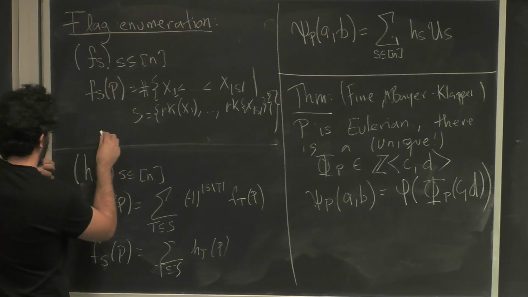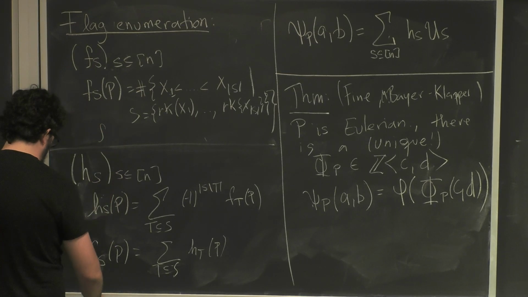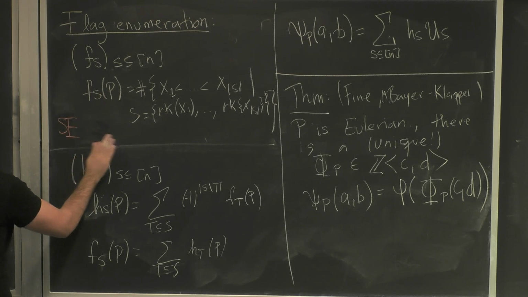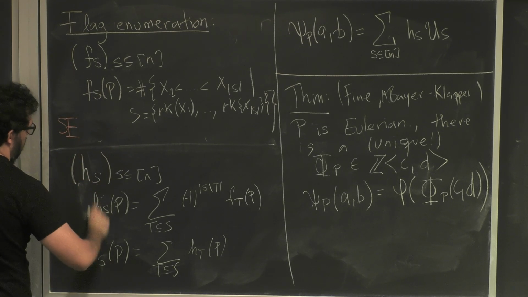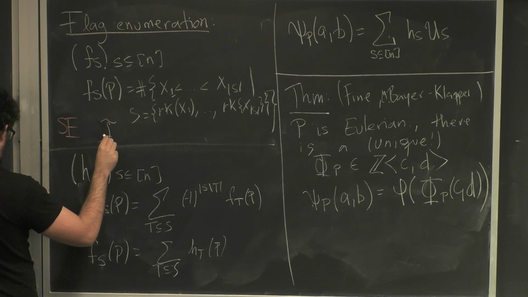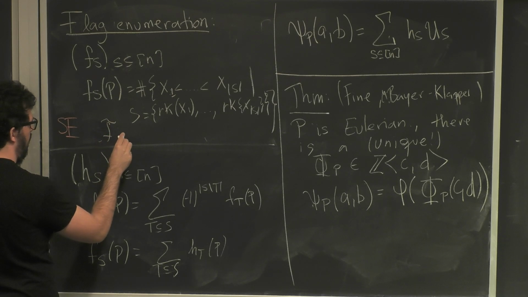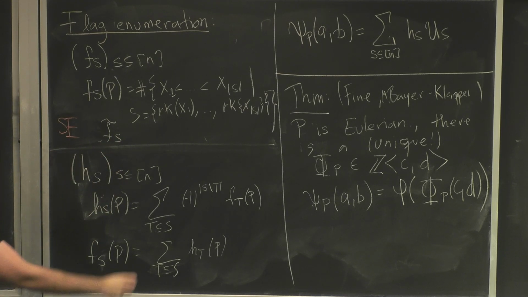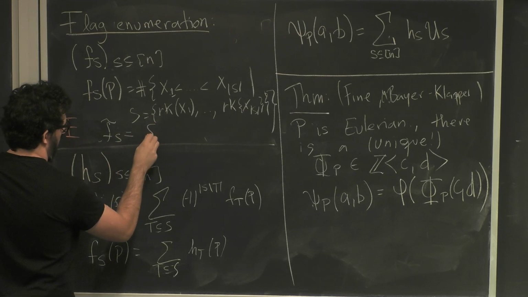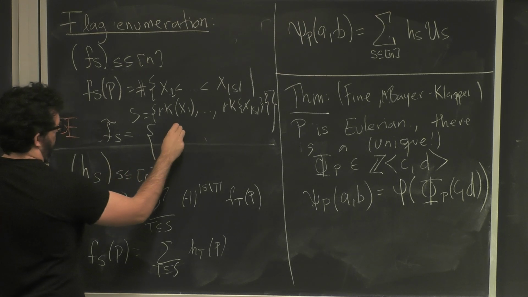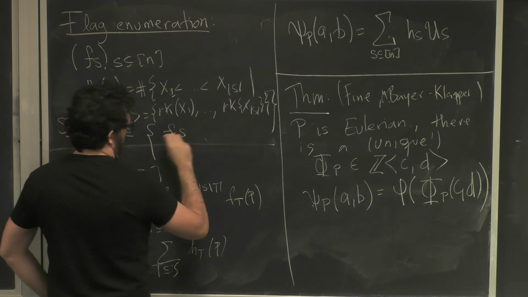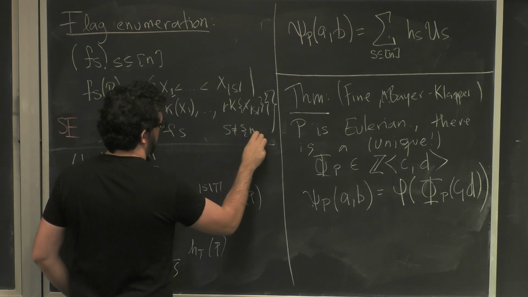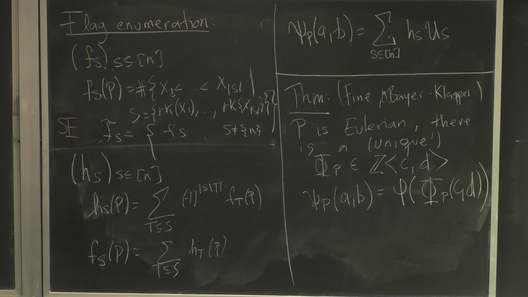So let me go here. I'm going to define, for semi-Eulerian, a modified statistic. The modified f vector is, I'm going to do nothing if S is different from the largest singleton.